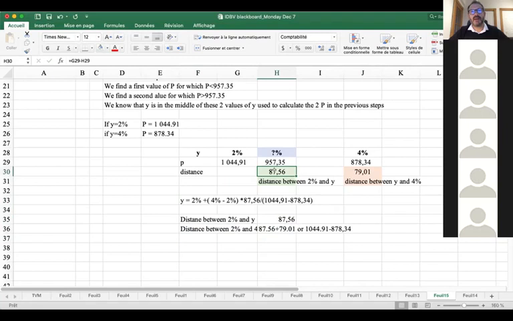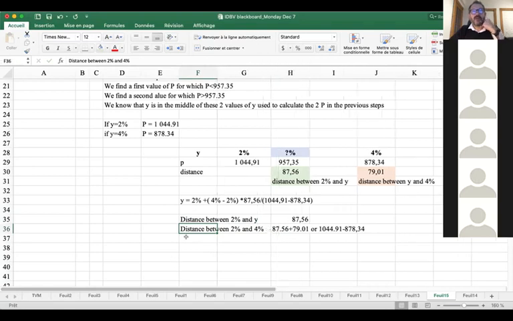So the idea is to say that, like in a binary search, as you say, we're going to consider that this is proportional. The distance between 2% and y, which is 87.56, and the total distance. So we know that this represents a part of the 2%.